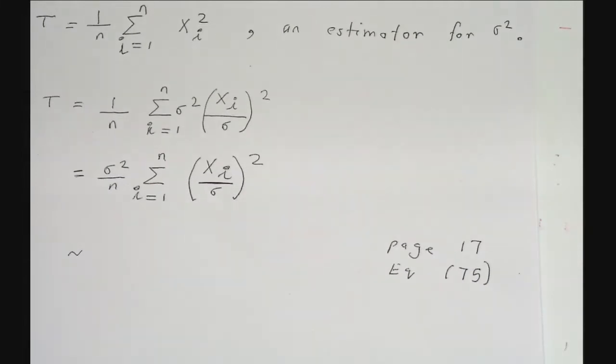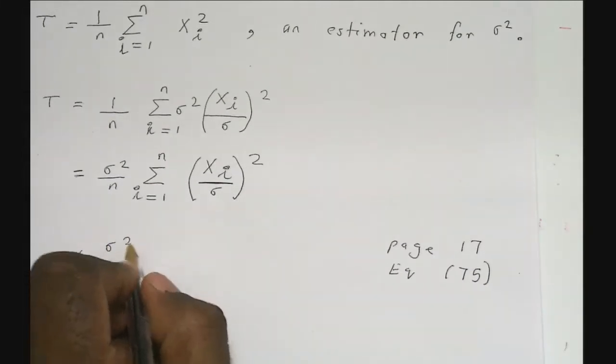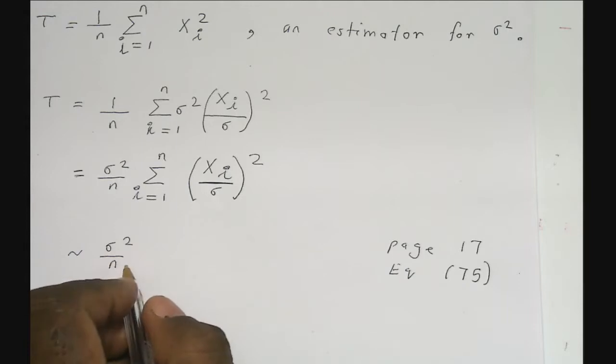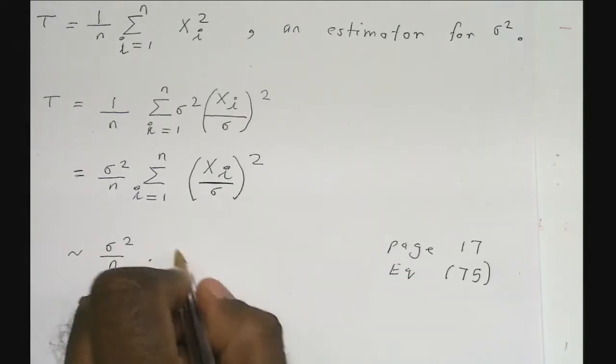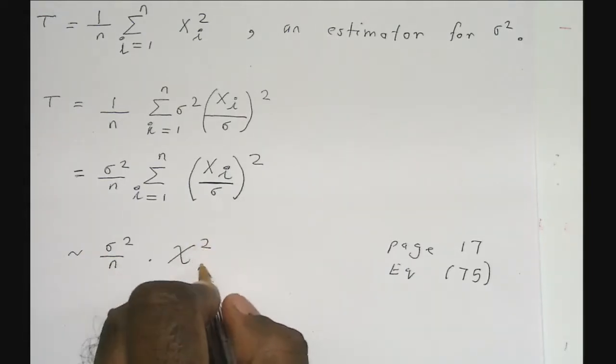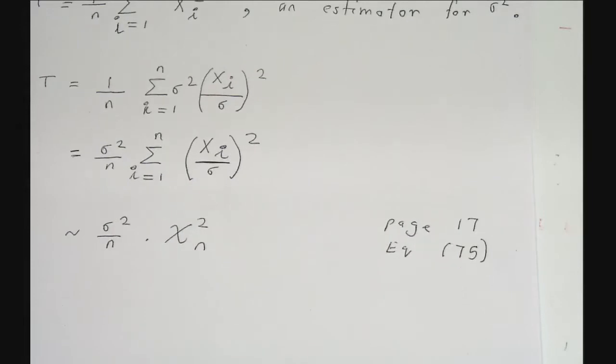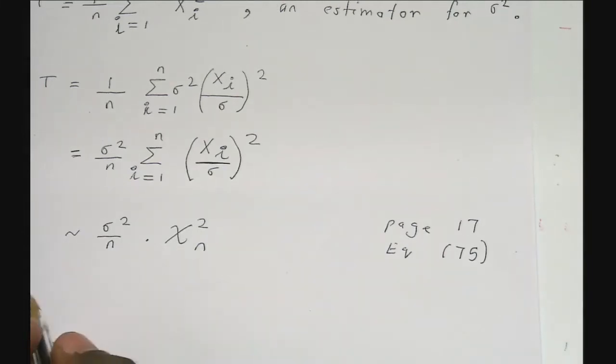You will see that this has the chi-square distribution with n degrees of freedom. That's mainly equation 75 on page 17 of the lecture notes. So I'm going to use this fact to make things easier.